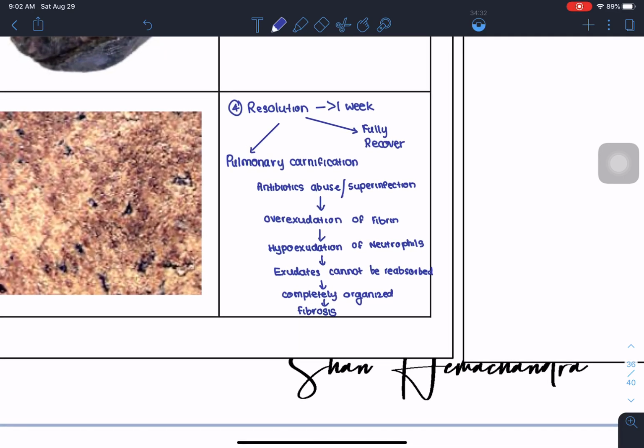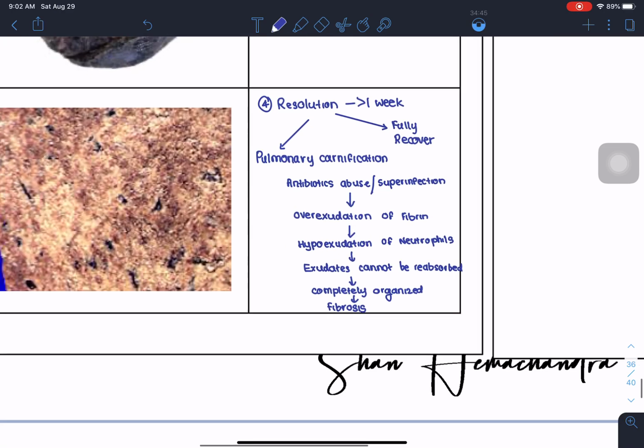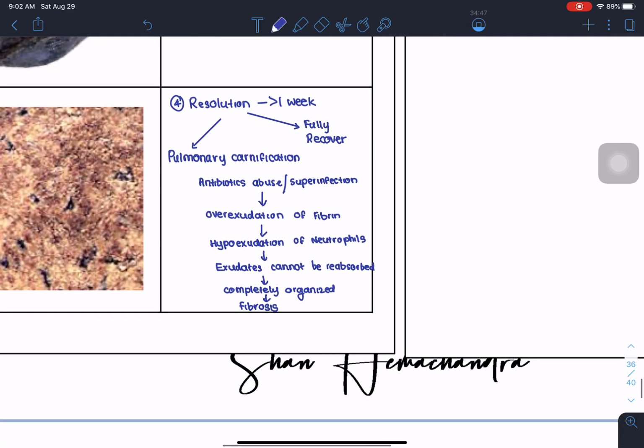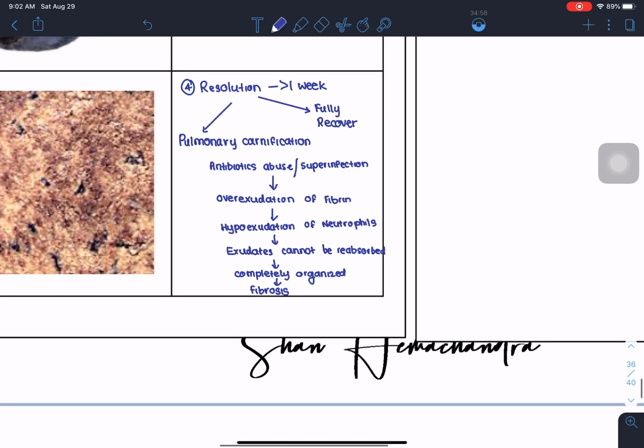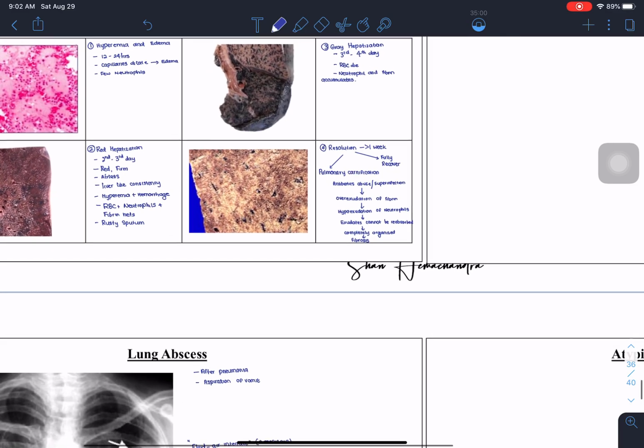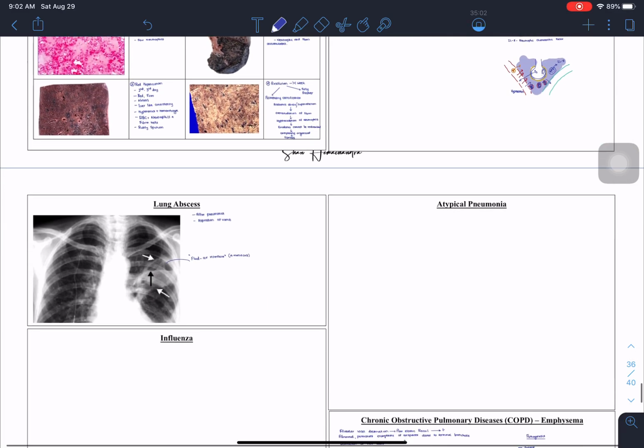You do not take the antibiotics for the whole duration because you think the infection has gone, but it is not gone. It's still there. So that will need our body to keep fighting. That is going to bring more fibrin, and once fibrin comes, it is going to block off anything going out or coming back in. That will lead to fibrosis of the lungs and cause a non-functional lung.